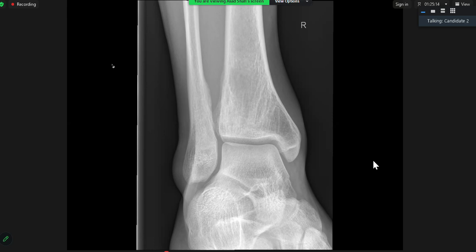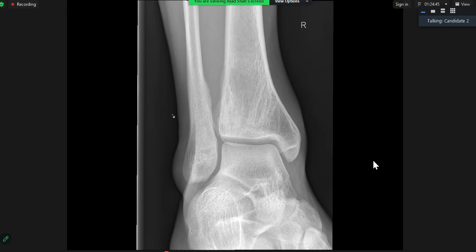I can see a small region of periosteal reaction along the distal metaphyseal region of the tibia in the vicinity of this vaguely defined lucent area. Periosteal where? On the lateral aspect or medial aspect? On the lateral aspect. I think that's just the region of the interosseous membrane, and they're just projectional.